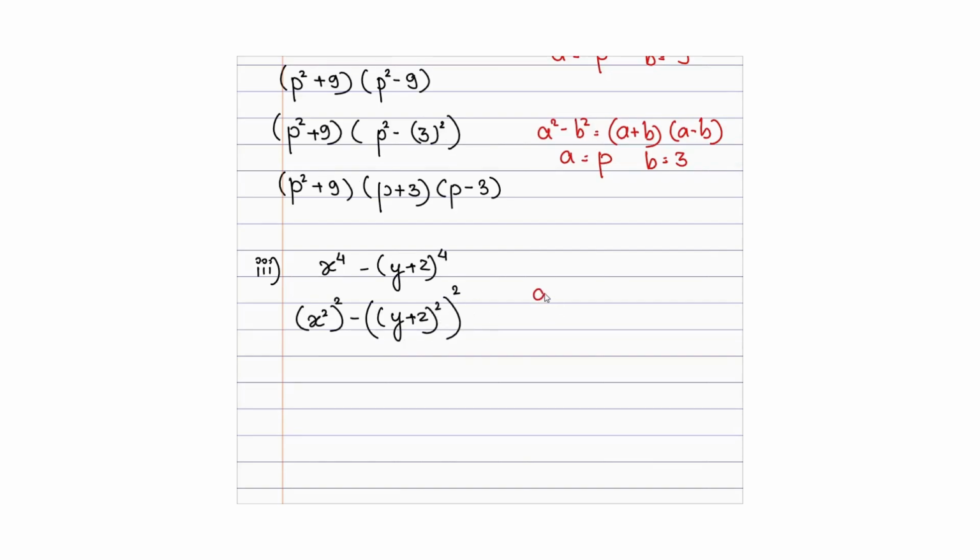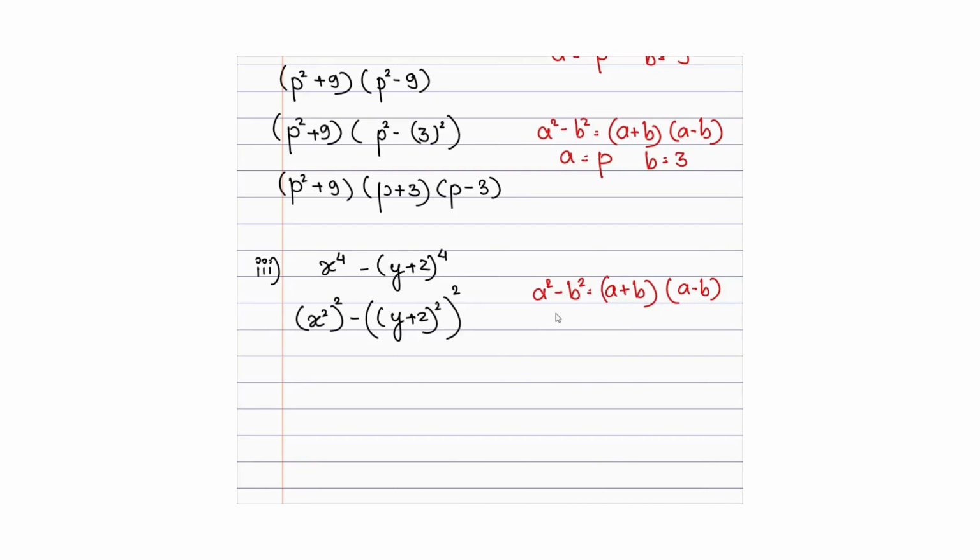Again we have the same formula, a square minus b square, that is a plus b and a minus b. We will use this formula so many times that while solving these questions only we're going to learn this formula, right? So here a square minus b square is a plus b and a minus b.